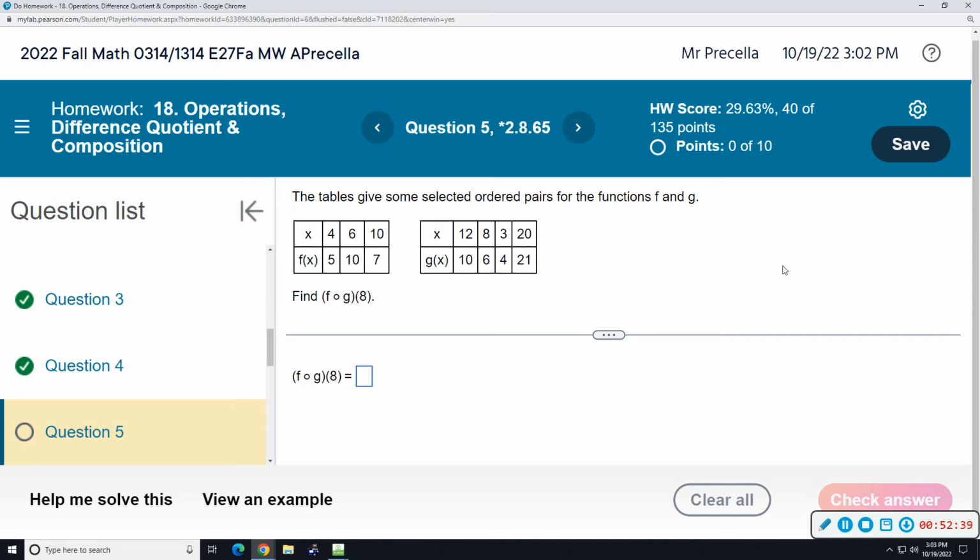Okay, number 5, let me write it down. We have two functions and they're defined by tables. It's going to take me longer to write down these tables than it is to answer the question. So maybe you don't want to write down the tables. We'll recopy them.